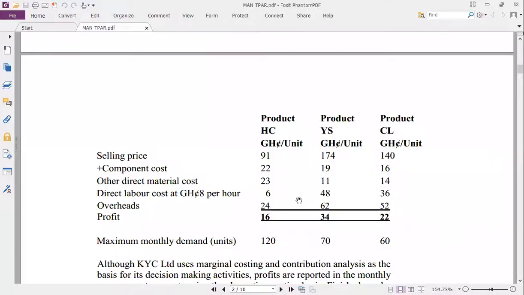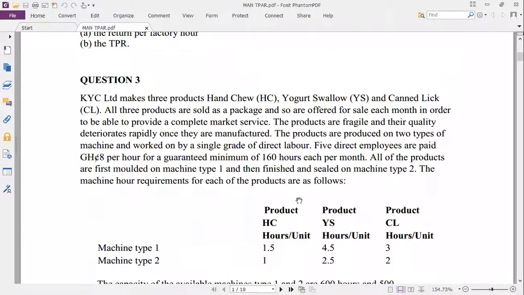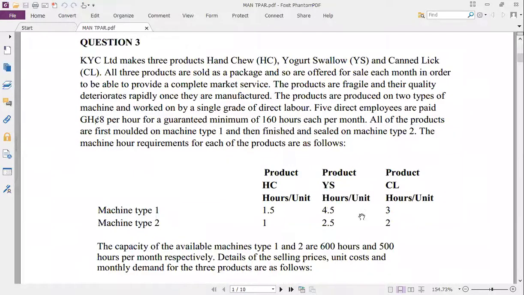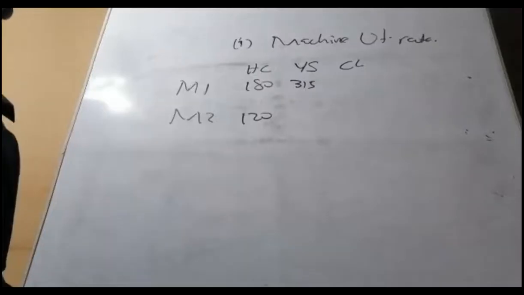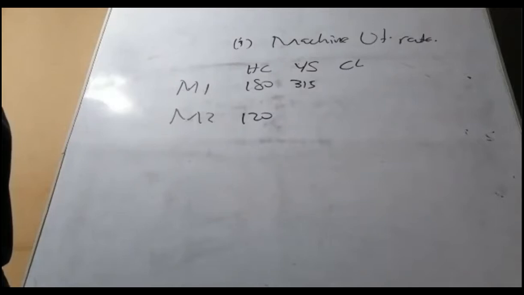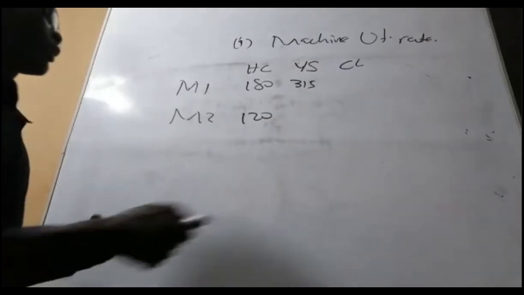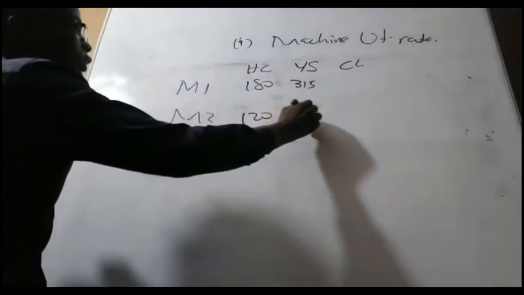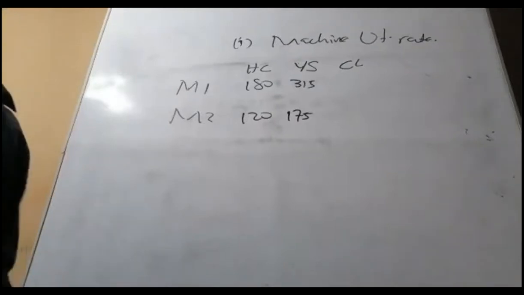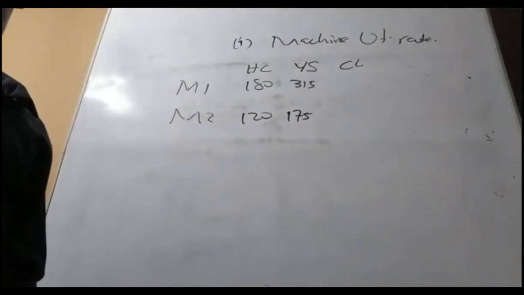The other one is machine type 2, which is 2.5. So 2.5 times 70 should give us 175. Put them in, and go to the last product.